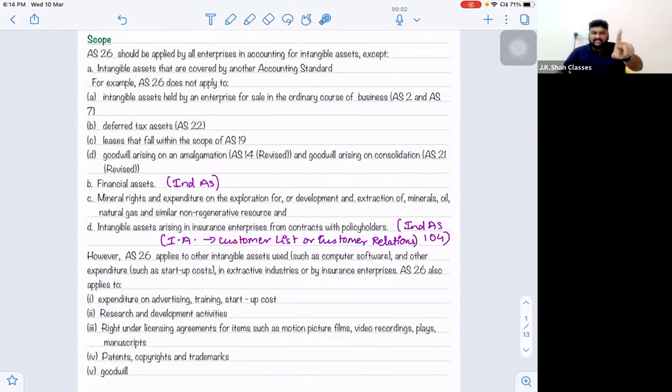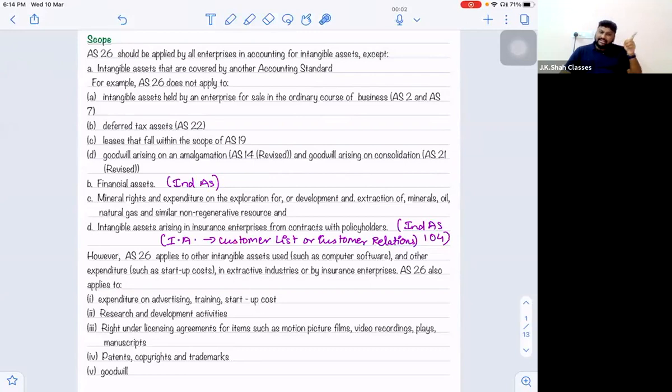Sir, the intangible asset is customer relations, and the intangible asset is the customer list that you are going to get. Now, I have my insurance policy with HDFC and I have my insurance policy with LIC. So if I'm happy with those people, will I suggest my friends and relatives also to buy the policies from HDFC or LIC? Yes or no?